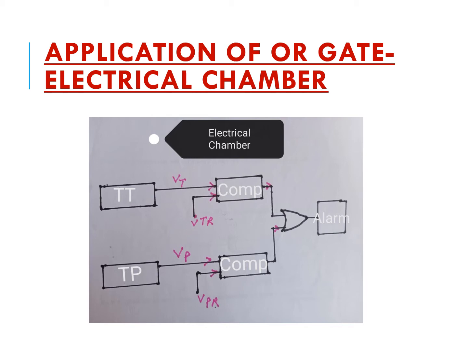Anyway, we come to the application of this OR gate. Suppose this is an electrical chamber where semiconductors and ICs etc. are being made. In this chamber there are two conditions. One is a temperature transducer and the other is a pressure transducer.